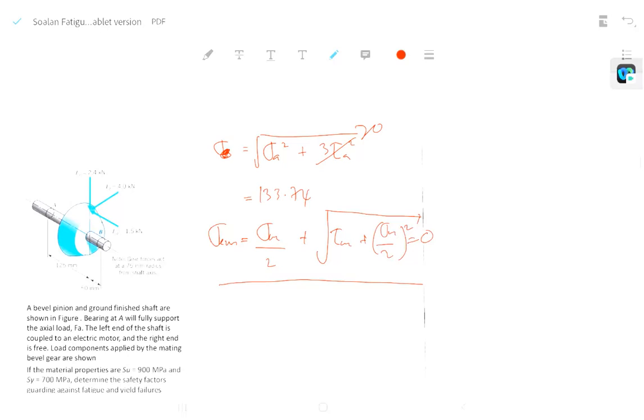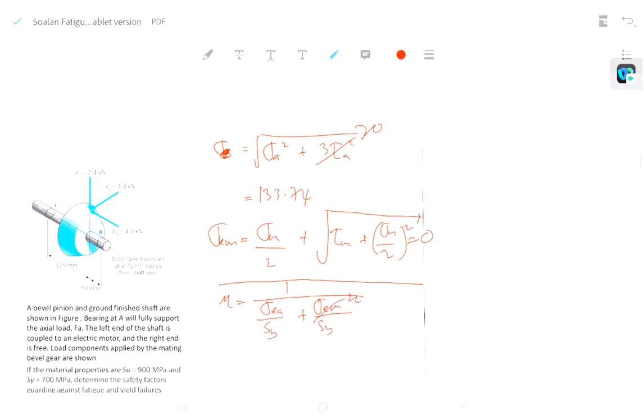Okay, after that, just insert the value of Langes, which is 1 over equivalent alternating divided by yield strength plus equivalent mean divided by SY.